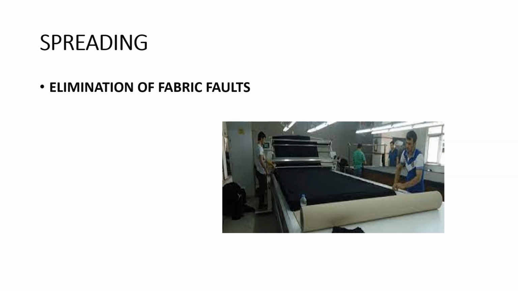That's why, students, in this stage, the spreading operation, the spreader who is doing this operation in the cutting department can see the faults at a very close distance, and if there is a real fault, it is marked, so that particular part is omitted from the spreading operation. So elimination of the fabric faults is very important to maintain good quality, because otherwise if it mixes or comes to the cutting department and ultimately goes to sewing, we will get the faults or fabric defects in the garment.